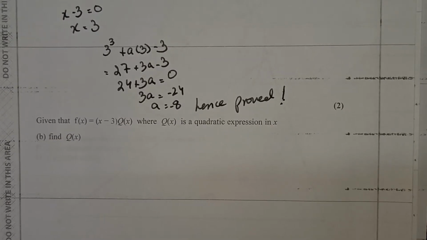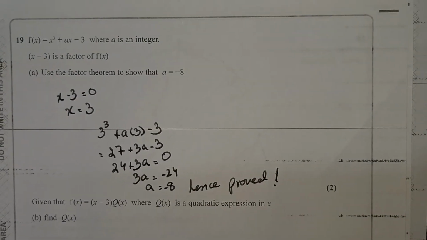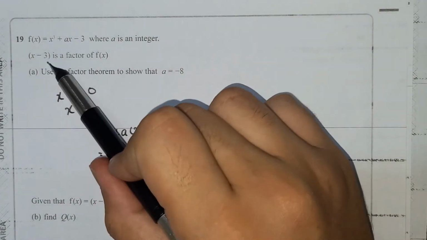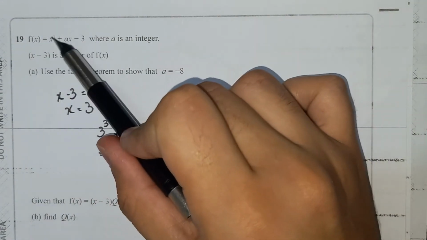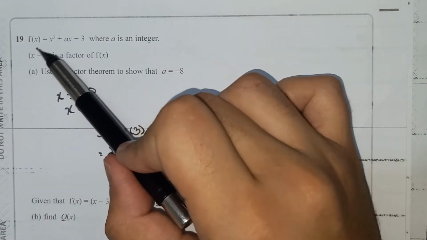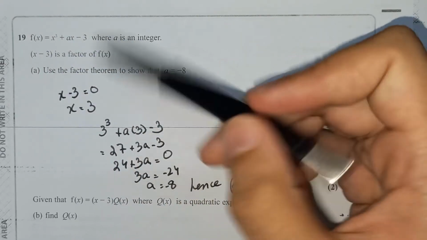Now, given that f(x) is equal to (x minus 3) q(x), where q(x) is a quadratic expression in x, find q(x). Now, looking back to the first part, this being a factor of this means this can be completely divided by this, and we kind of proved it over here as well.